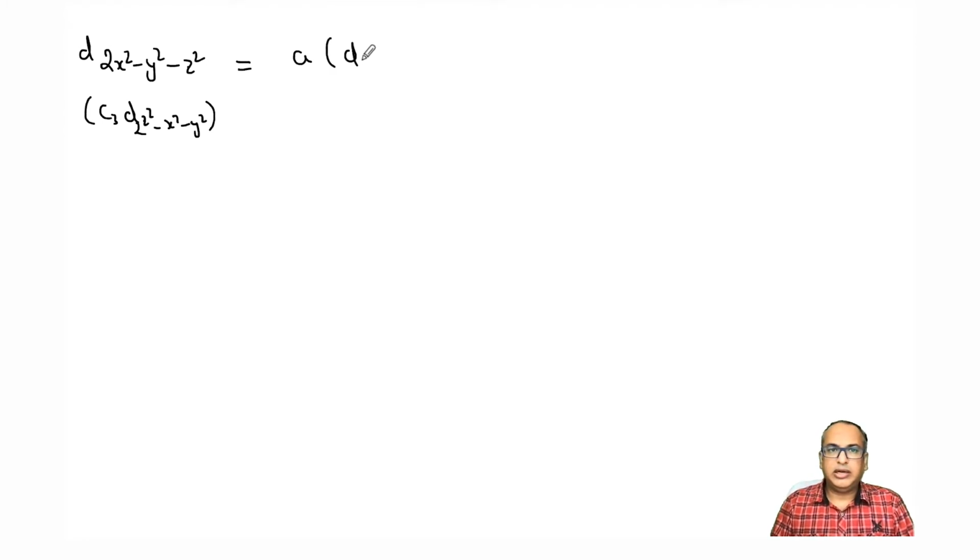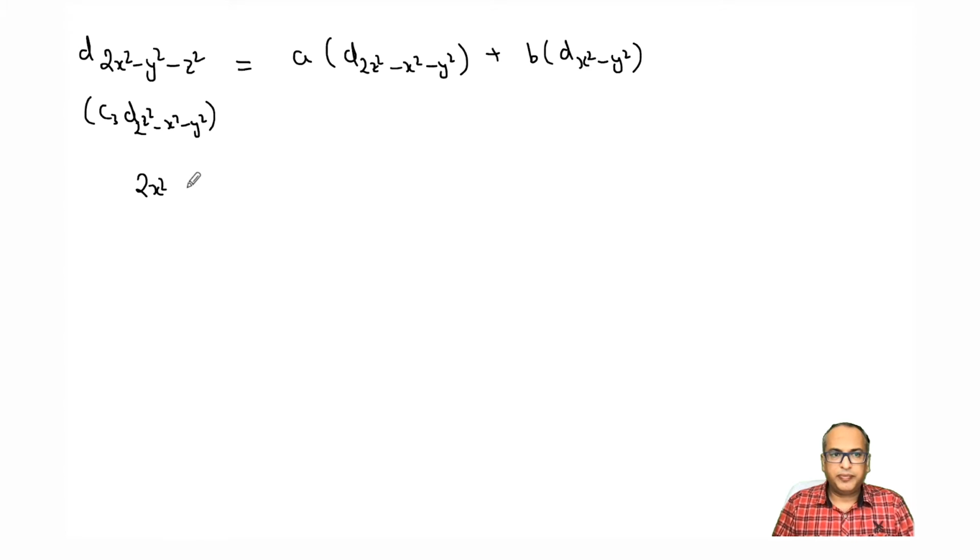So one is a times d 2z square minus x square minus y square, plus b times d x square minus y square. Now we can just take the functions of this, because we want to see if the linear combination is there in terms of functions. So we'll just take the mathematical part: y square minus z square equals a times 2z square minus x square minus y square plus b times x square minus y square.